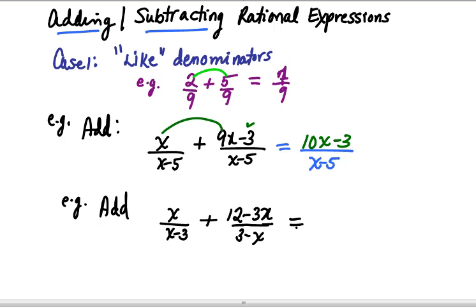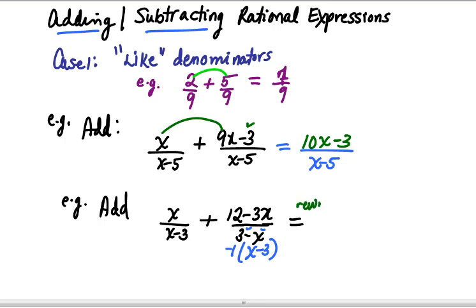At first, we realize 3 minus x isn't exactly the same as x minus 3. But 3 minus x can be converted easily to x minus 3. We rewrite 3 minus x as negative 1 times x minus 3, because that'll give us negative x, and minus times a minus is plus 3.